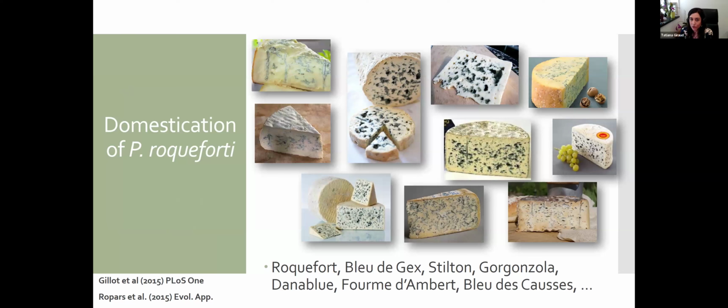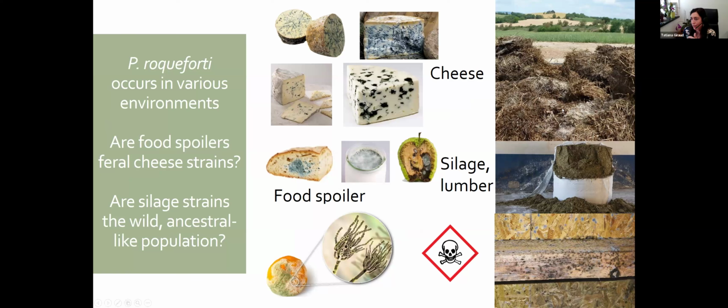So then we focused on Penicillium roqueforti domestication history, and we wondered whether the different blue cheeses were made by the same population. Also we know that silage, the fermented plants that we give to feed cattle, can be contaminated and spoiled by Penicillium roqueforti, and it is very toxic to cattle.